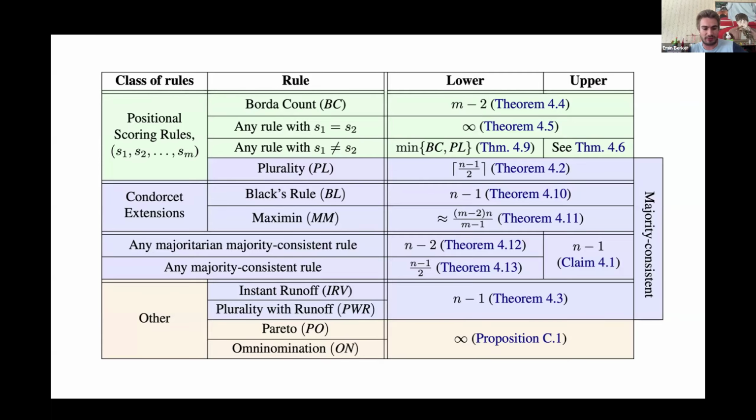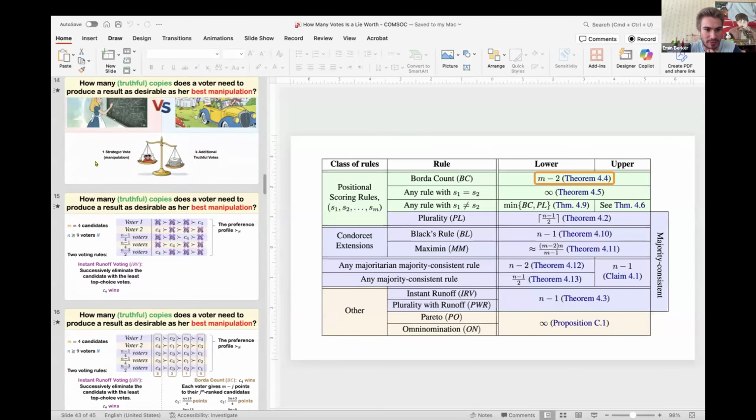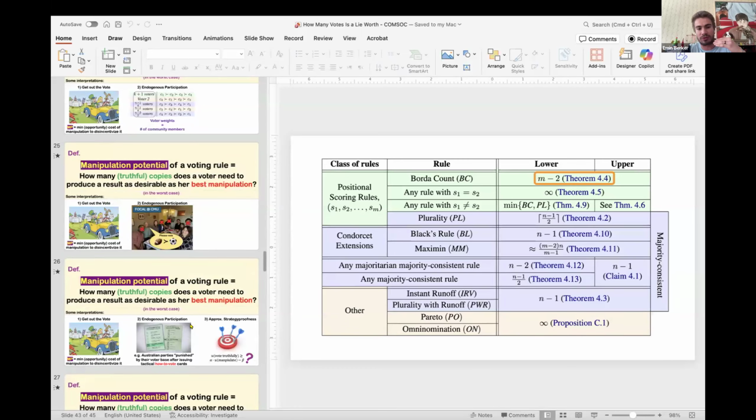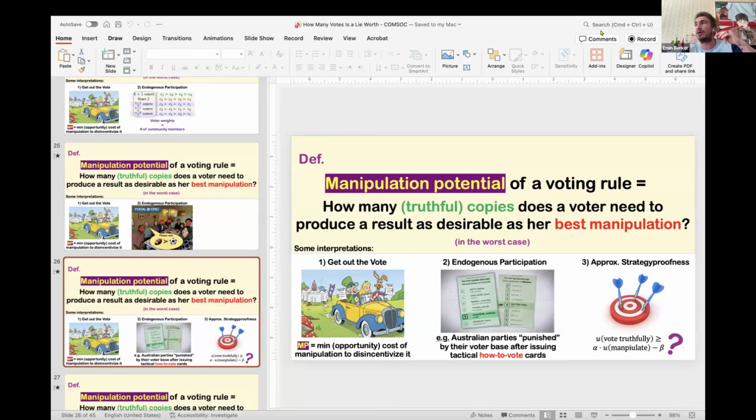And at least if you're talking about the slide where I had endogenous participation under the second interpretation, that was when I was saying that instead of looking at how cheap it should be to increase things such that manipulating is not worth it, you can take this dual approach: what is your loss in weight because you manipulated? There are settings in which misrepresenting your vote can cost you community members, such as these how-to-vote card settings. And then it's basically this dual definition, where the manipulation potential is the minimum cost of manipulating, in terms of the weight that you're going to lose, to make sure that manipulating is not going to be worth it.